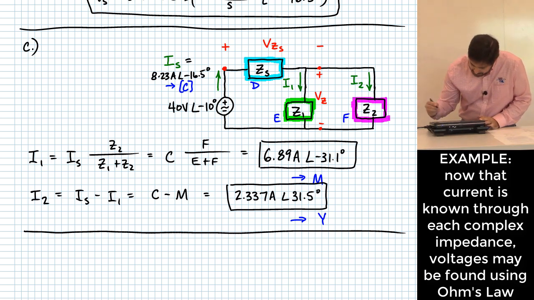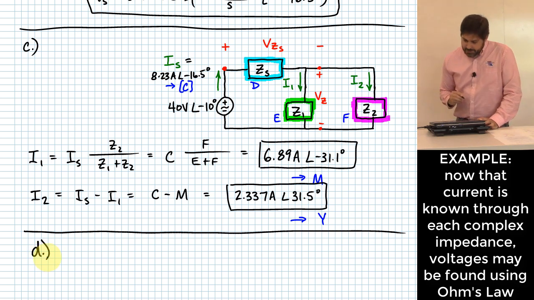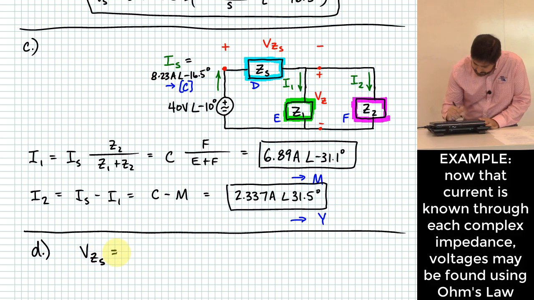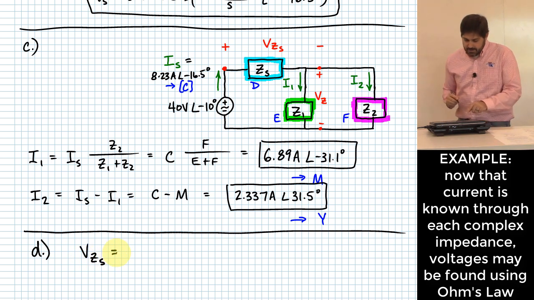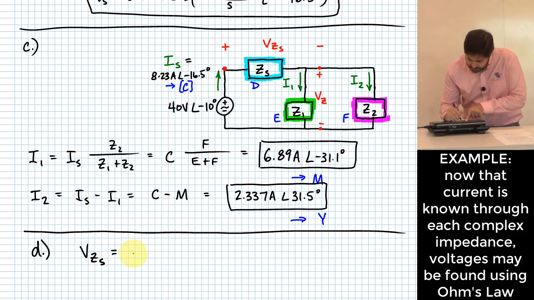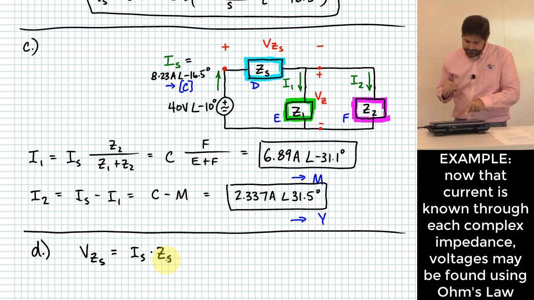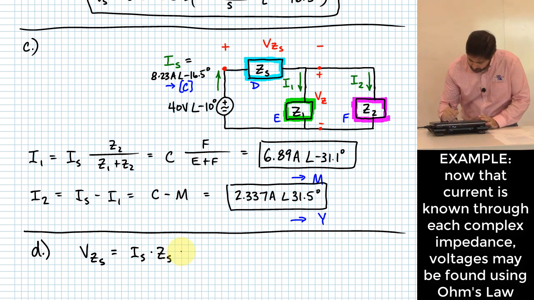So here's what that might look like. Let's say I want to know VZS. VZS is just going to be equal to IS times ZS. Do I have those stored? C and D.